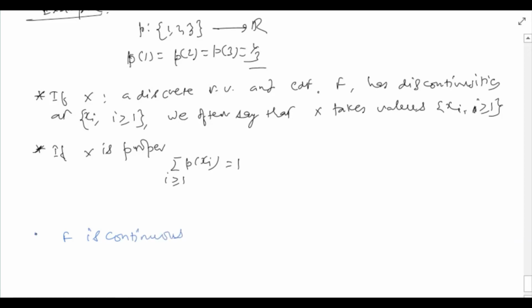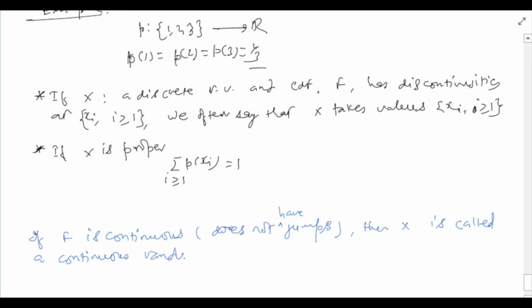If F is continuous, that is, does not have jumps, then the random variable x is called a continuous random variable. So we are now seeing continuous random variables.